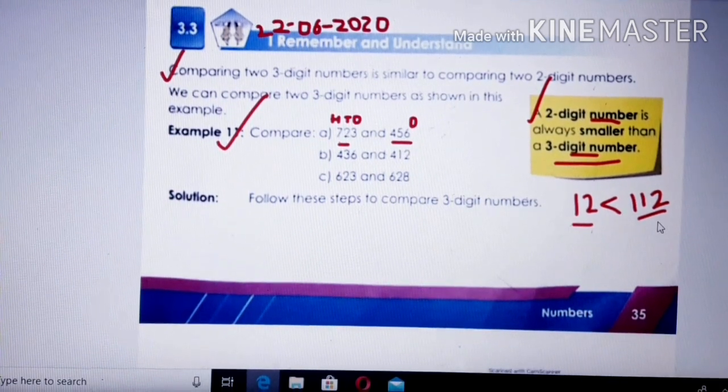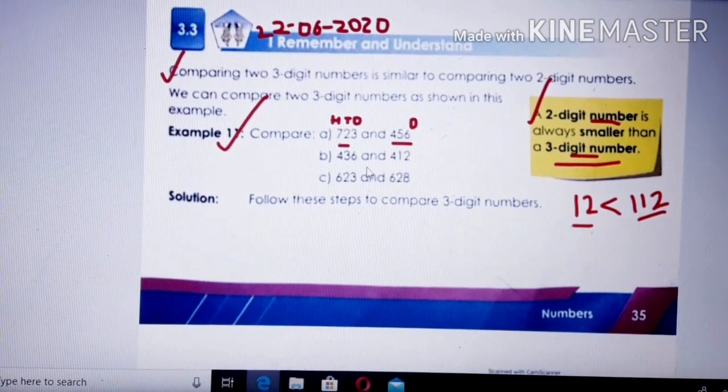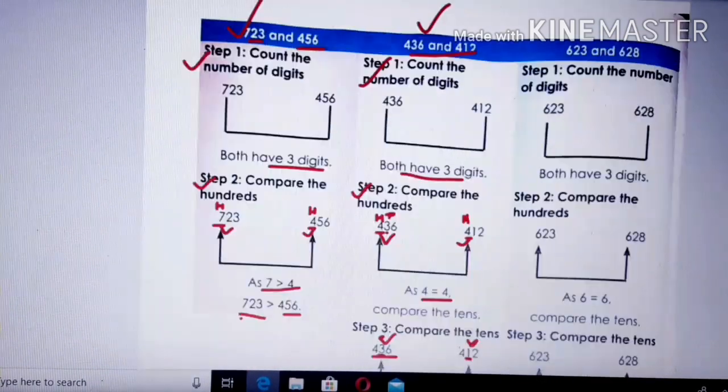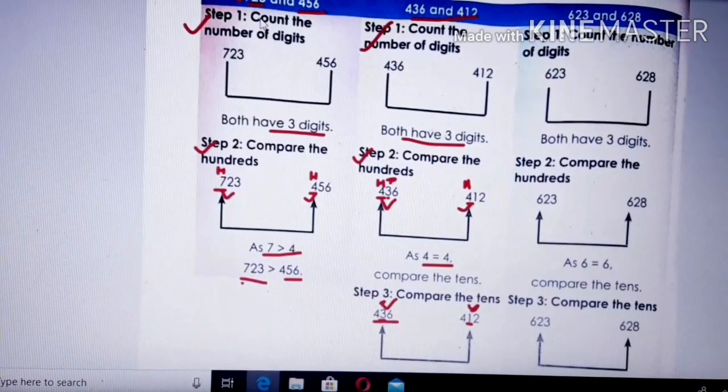Is it clear, children? But in case you get both 3-digit numbers or both 2-digit numbers, then how to compare, as we have already done? Do you remember? Let's see here. You follow me, children. 723 and 456, how to compare? First you will count the number of digits.